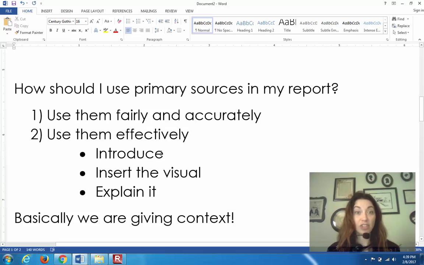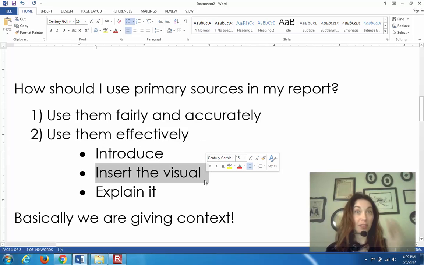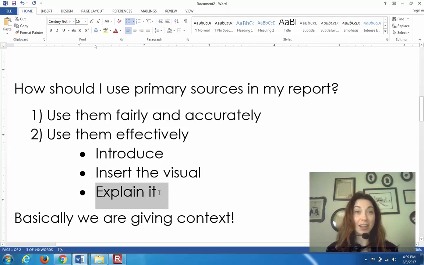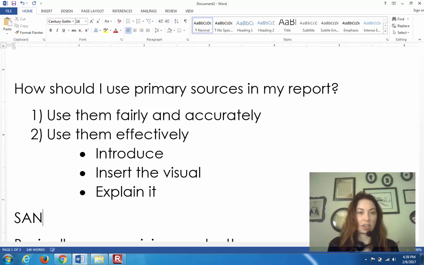So what I would suggest and what I am looking for when I am grading is this 3-step process. First, you are going to introduce the source. Then you are going to put the visual, put the source, the primary research, into the report. And then you're going to explain it. Okay? I want you to think of it as like a sandwich.